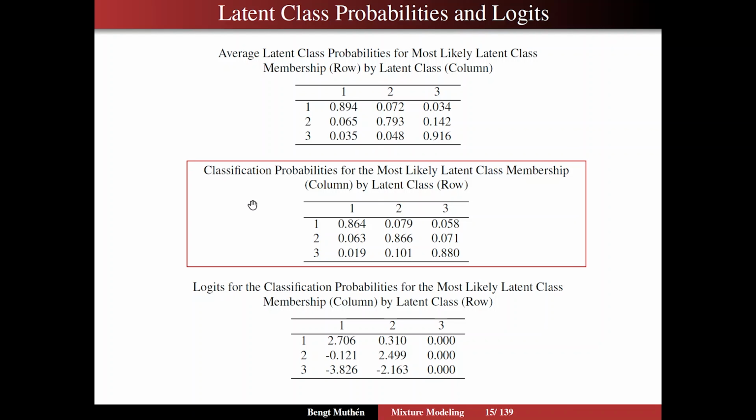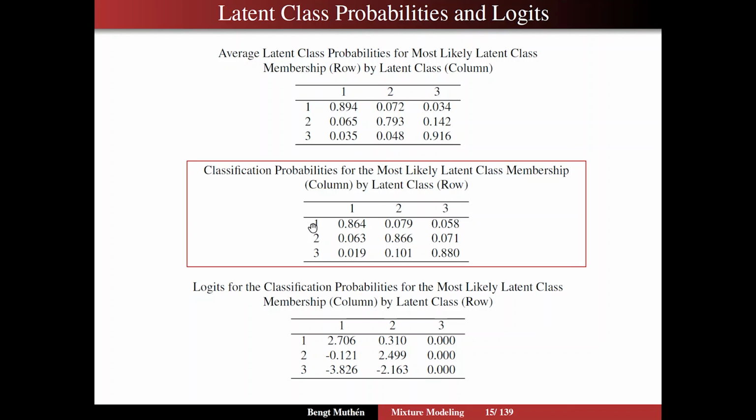And we looked at that before on slide 8 for the hypothetical data for 6 individuals. Here you have it for these real data individuals. The rows here represent the true latent class status, and the columns represent the most likely class being 1, most likely class being 2 or 3.